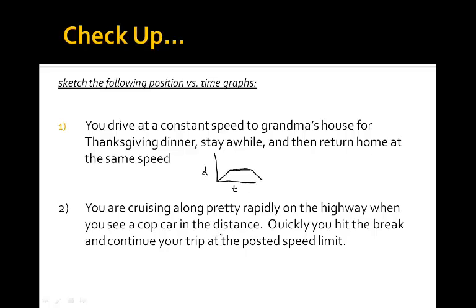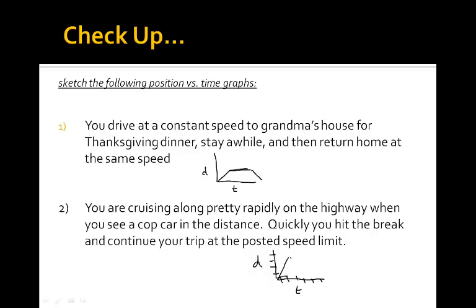Now we're going to be cruising along on a highway, and we see a policeman parked, I'm sure in plain sight, and we're going to see what it would look like as well. We're going to have the same parameters, time on the bottom on the X, distance on the Y, and so if I'm going a pretty good clip, the slope is going to be pretty steep.